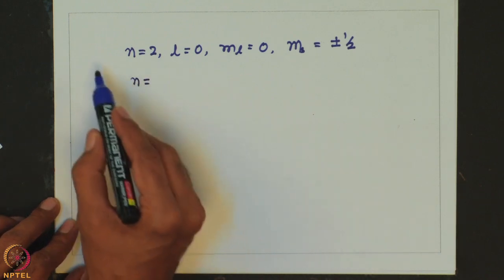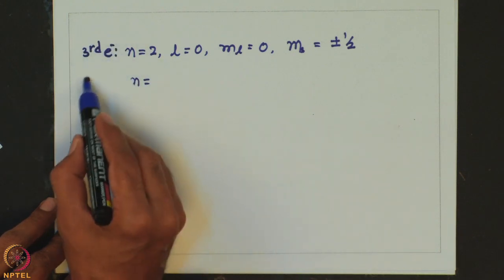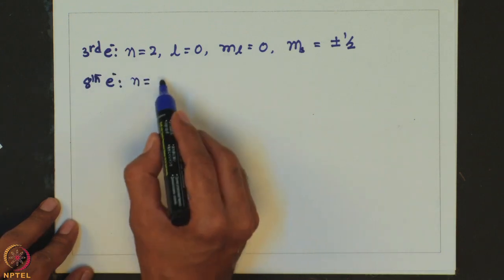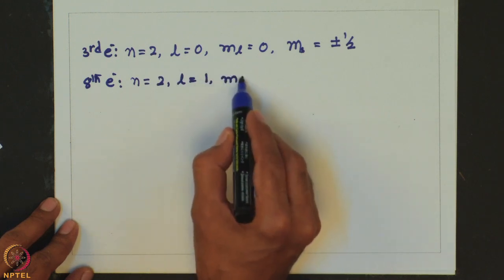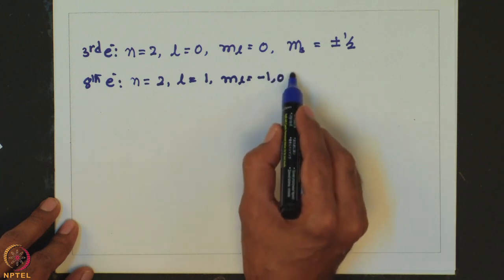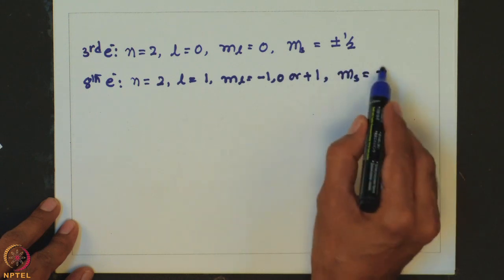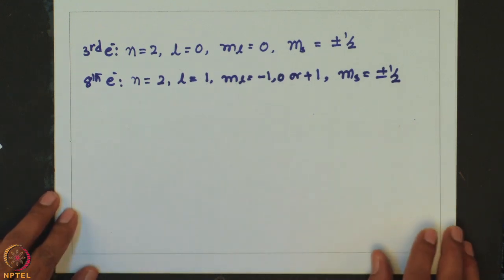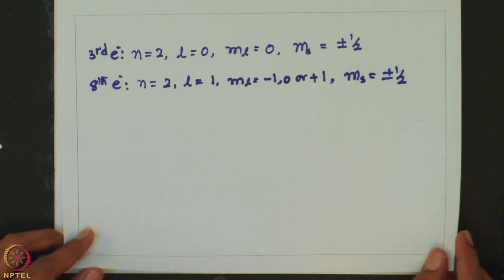This is for the third electron, and this is for the 9th electron: n equals 2, L equals 1, ML equals minus 1, 0 or plus 1 and MS equals plus or minus half. So, this is how one can write all the quantum numbers for any electron in an atom.